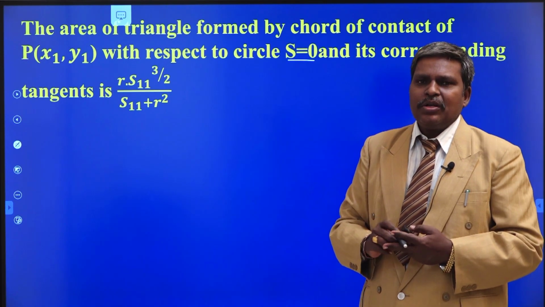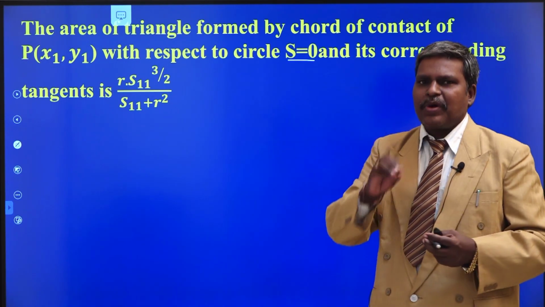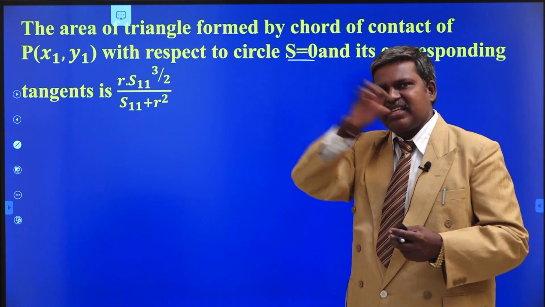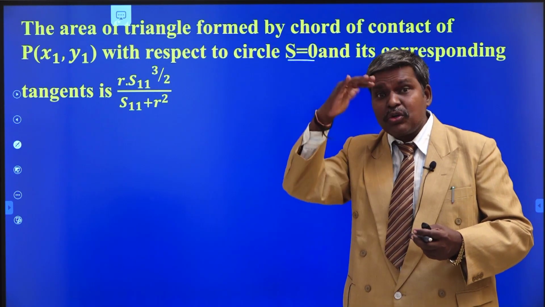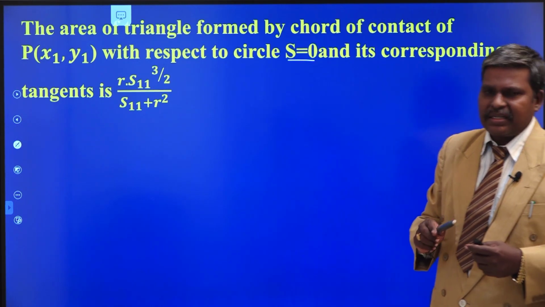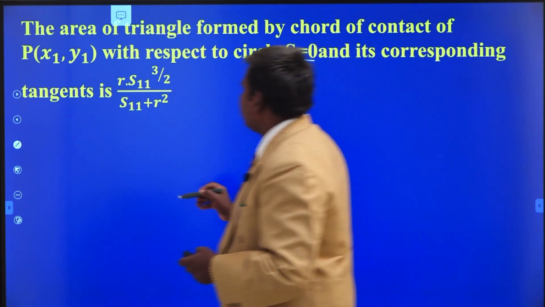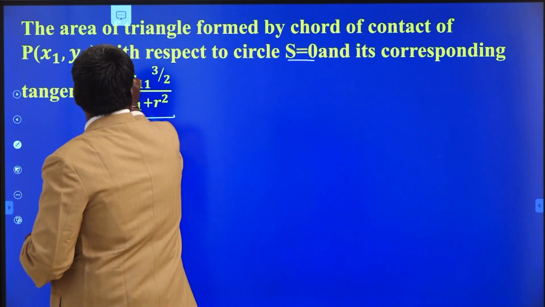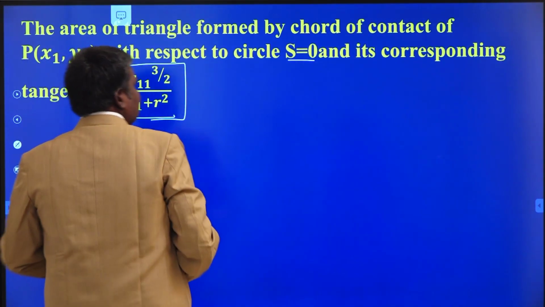Corresponding tangents: we are defining the chord of contact for a point with respect to a circle. We are drawing two tangents from P to the circle. That is why those two tangents are called corresponding tangents of that chord of contact. You have to show that the area is r into S11 to the power of 3 by 2 by (S11 plus r square).